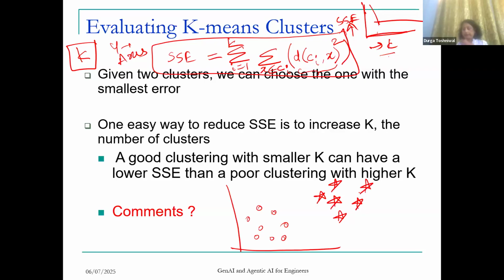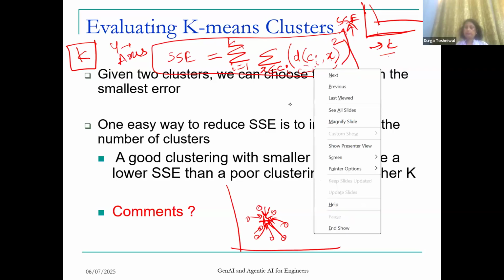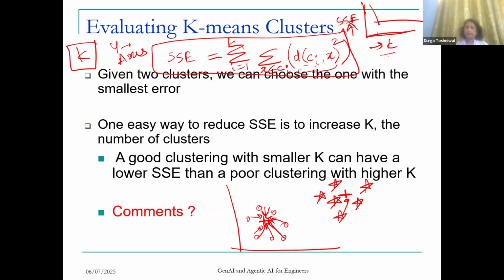Let's say these are the cluster centers, and we want to find the distance of each and every point with respect to the cluster center. This is the distance of each point with respect to the cluster center, and then we square it, add them, and do it for all the clusters.